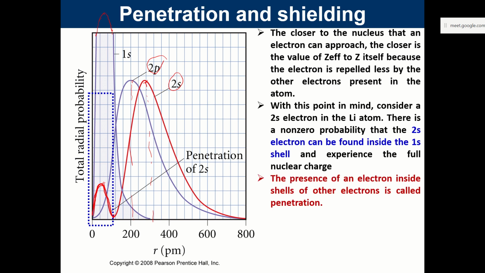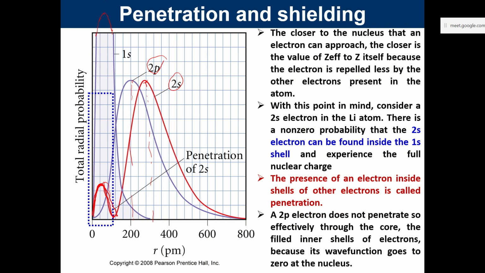the 1s orbital. 1s orbital के जो आप रेडियस डिफाइन कर रहे हैं, उसके अंदर भी ये 2s इलेक्ट्रॉन पाया जा सकता है. It has a much finite probability of being found over here. Whereas the 2p electron has a much less probability. You can see the curve here, the purple one.